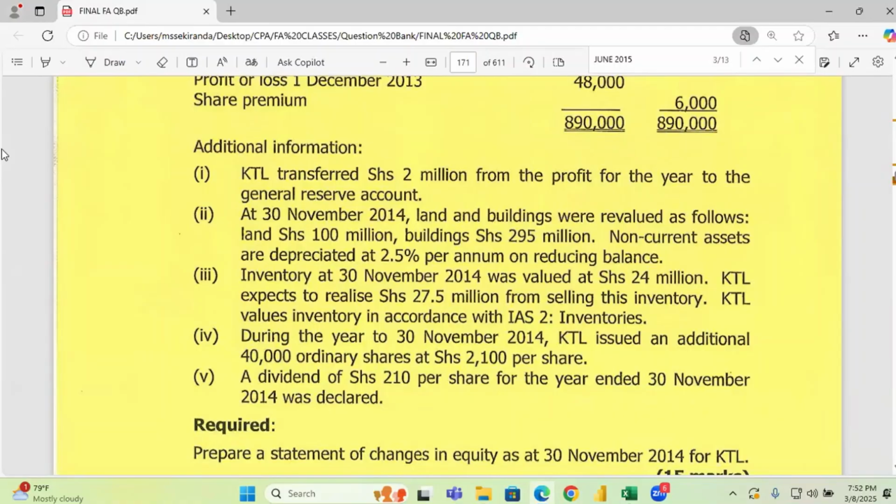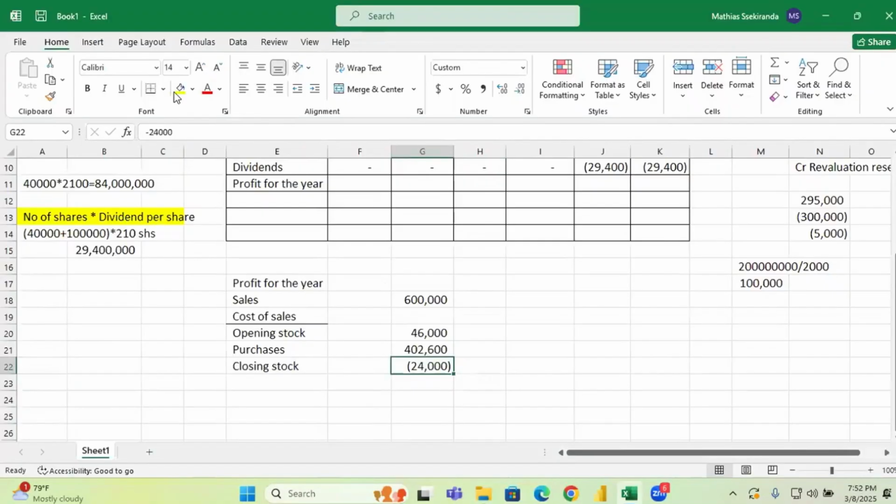Stock is measured at the lower of cost and net realizable value. Very good. Of the two figures, which one is lower? Of course, 24 is lower. Therefore, stock will be valued at 24 million because it is the lower of 27.5 and 24.